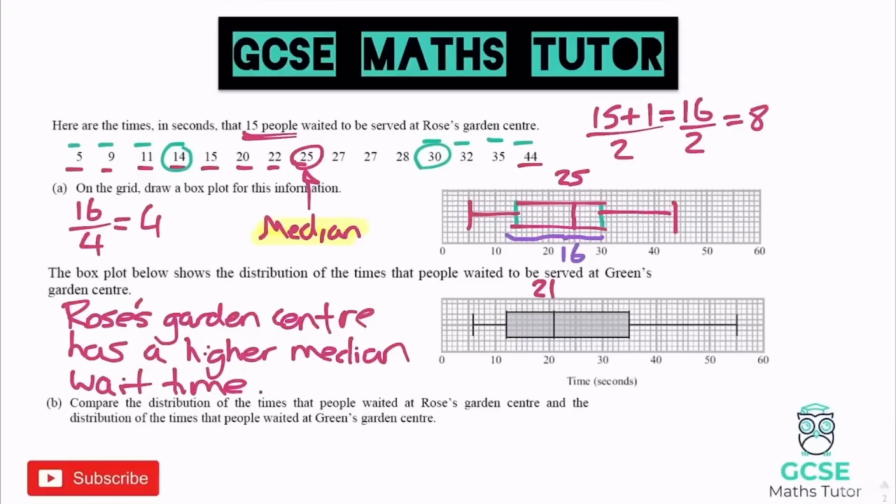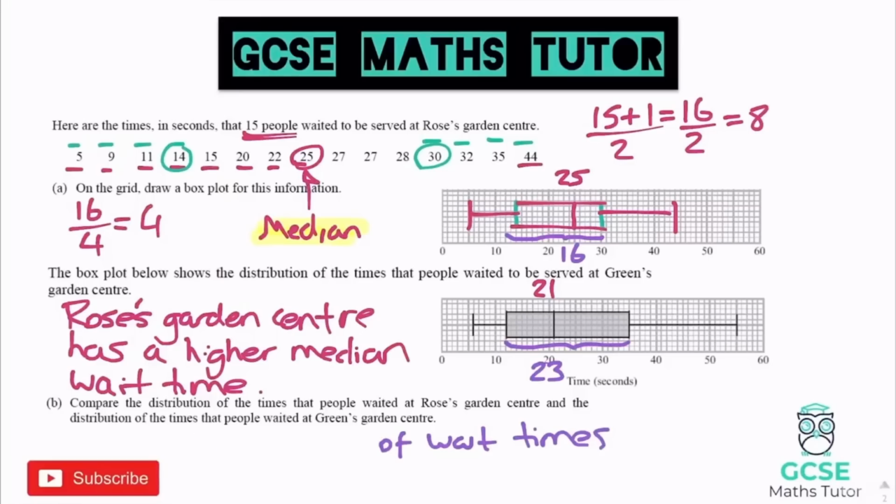Now if I have a look at the one below, there we go, that is ranging from 12 up to 35. So 35 take away 12 is 23. So the interquartile range is greater at the Greens Garden Centre. So I would say the interquartile range, or the spread of wait times, or I could say it in a different way actually.